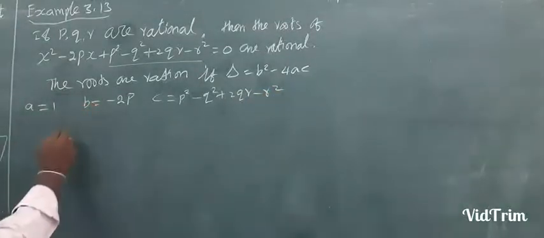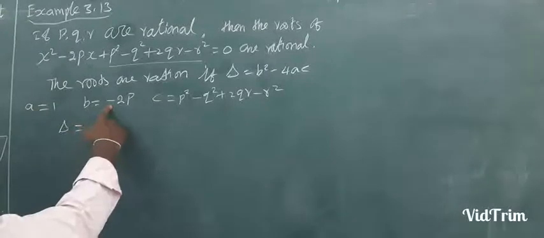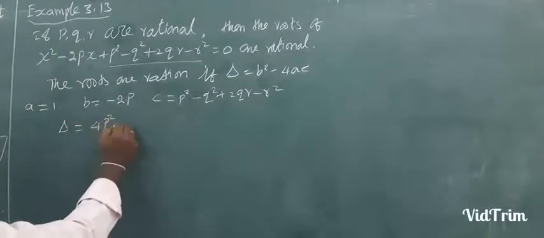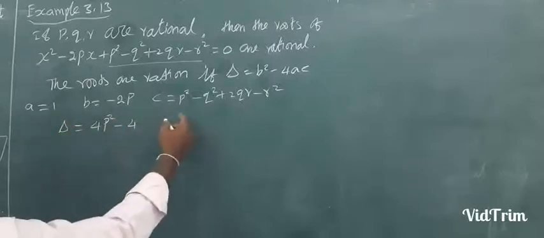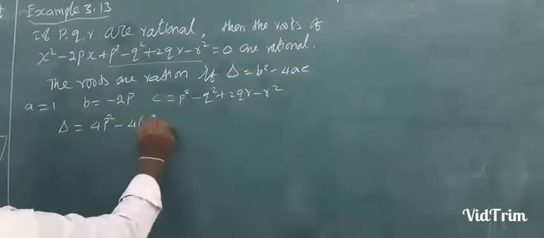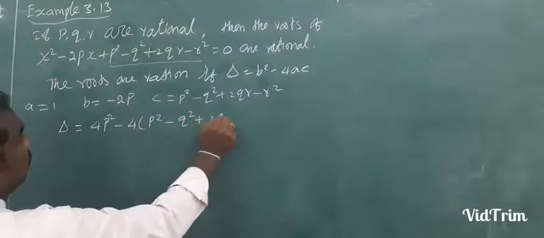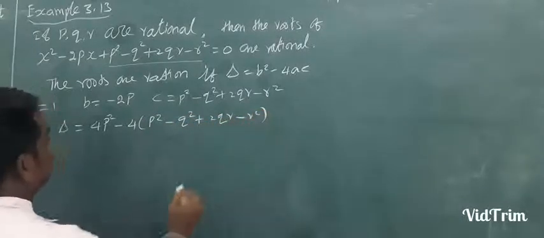Now we are going to substitute. b square means 4b square, minus 4 into the a value 1 and write the c value: b square minus q square plus 2qr minus r square.